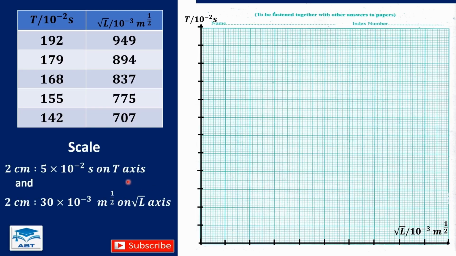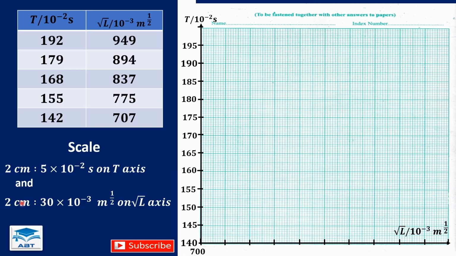And we are going to choose a scale for the graph. Looking at the values of the period, the least value is 142. And we've not been told to start from the origin, so we can start from 140. And we are going to choose a scale of 2 centimeters is to 5 times 10 exponent negative 2 seconds on t-axis. So we start from 140 and we add 5. So 145, keep on adding 5, 150, 155, 160, and so on.